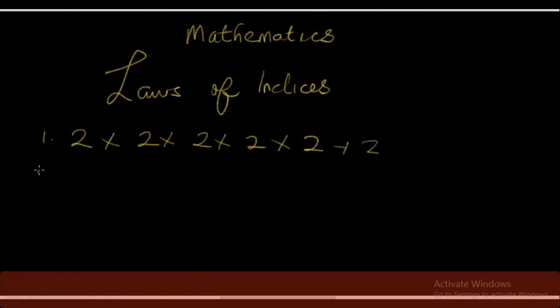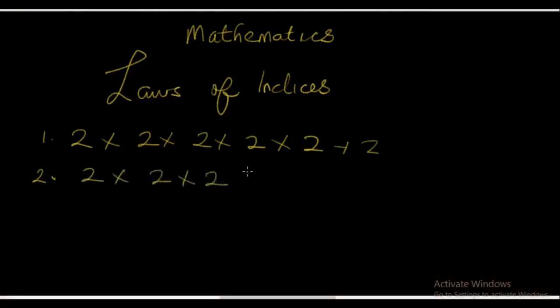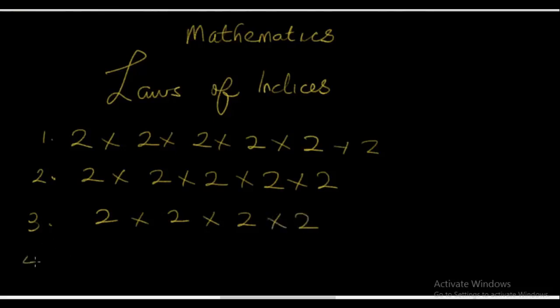Now, let's write another array of 2: 2 times 2 times 2 times 2 times 2, that's 5. Let's write another array, the third one now: 2 times 2 times 2 times 2, that's 4. Let's make another array: 2 times 2 times 2, that's 3 of them there.